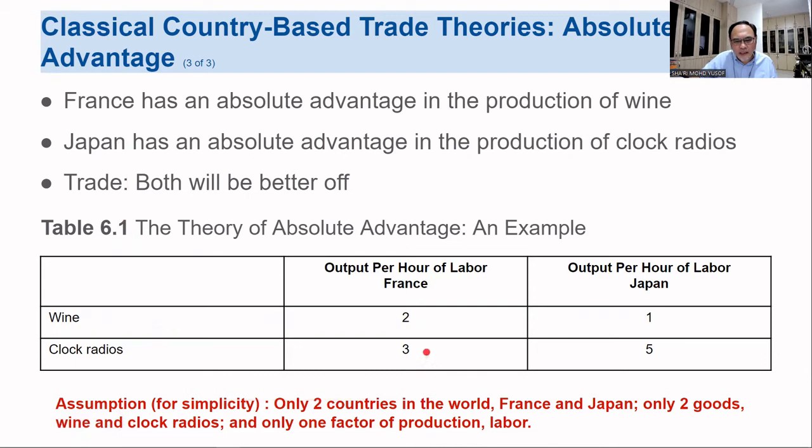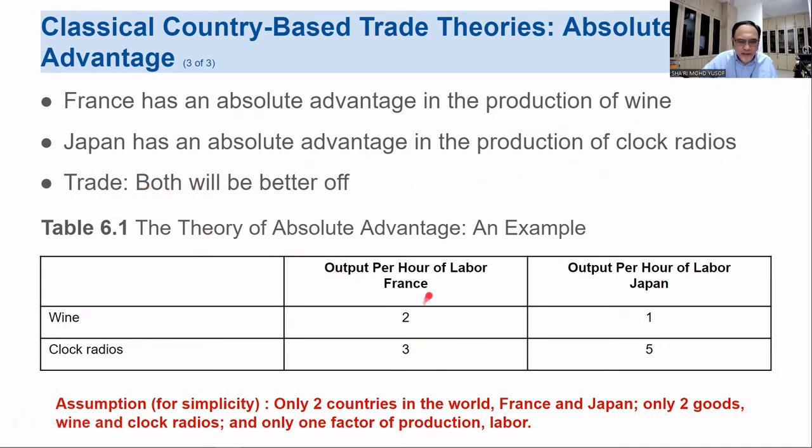But for clock radios, Japan is more productive. So France has an absolute advantage in wine, and Japan has an absolute advantage in clock radios.